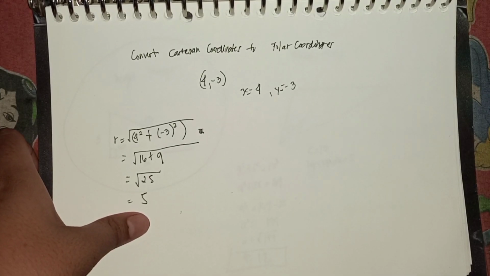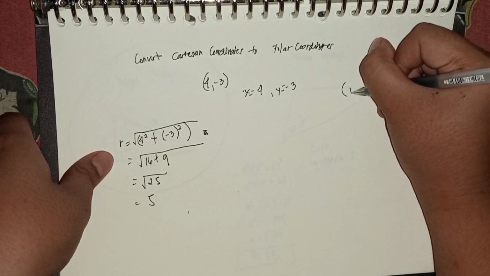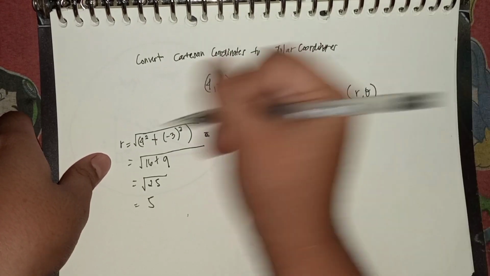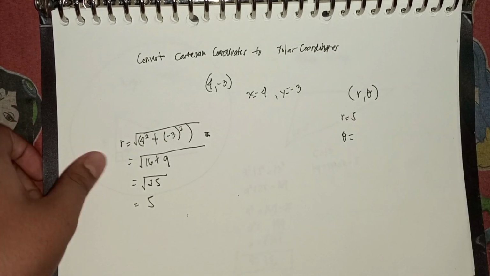To find the angle, so we now have, in polar coordinates, r and theta. We now know what r is, which is equal to 5. So we will find theta.